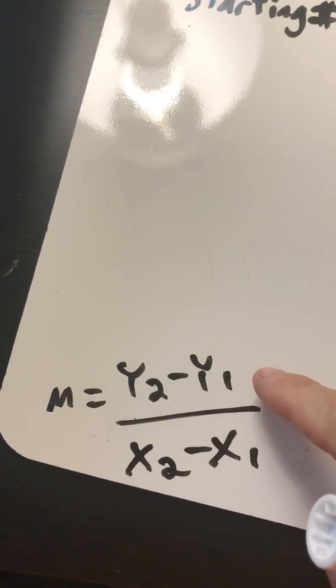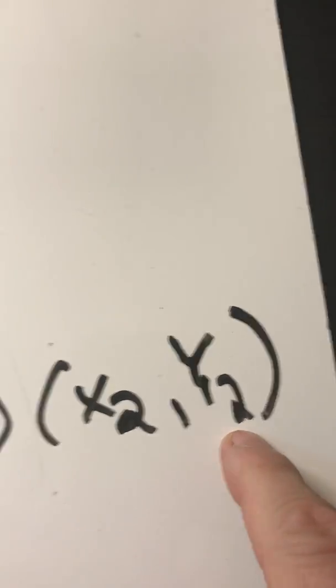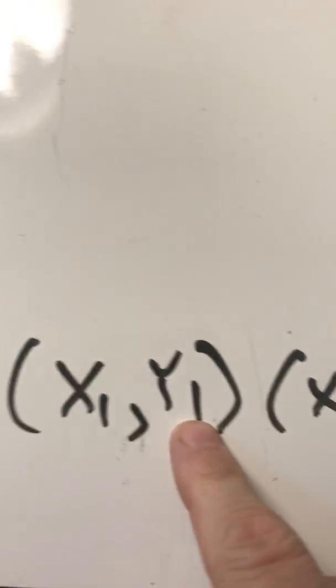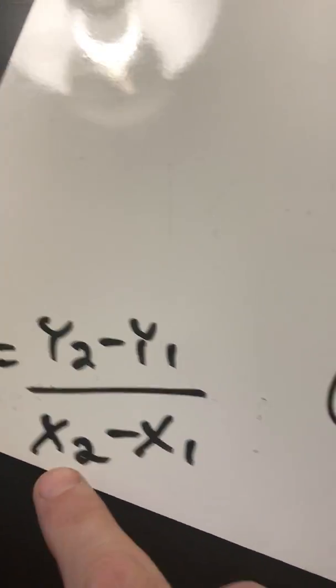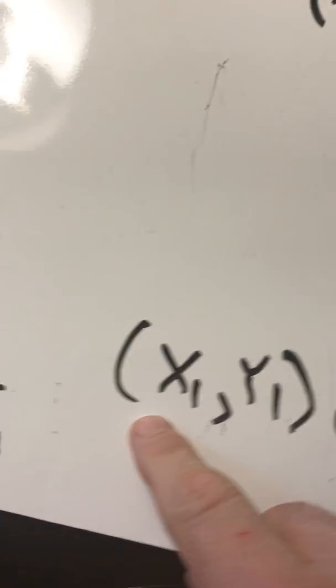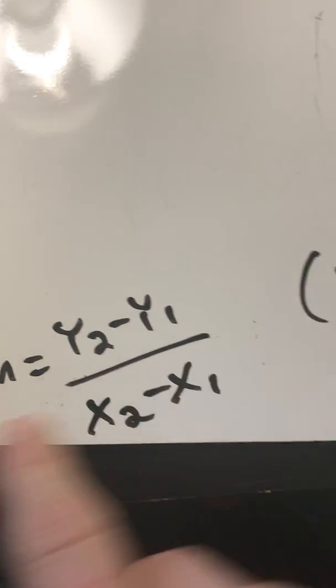So it's y2 minus y1. It's where you're ending up minus where you started. And then for your run, it's where you ended up, x2 minus x1. Okay, so you've already seen the change in a number. That's not a new concept, okay?